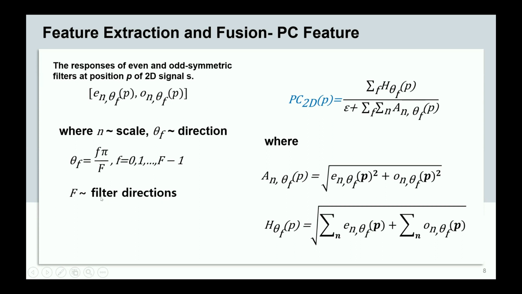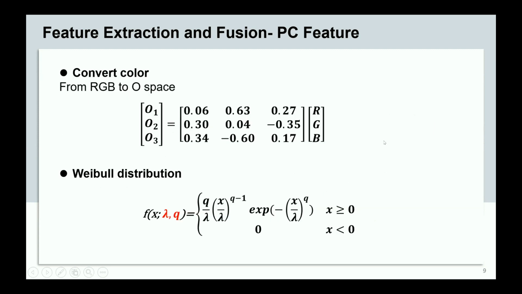It means the filter directions. And after that, we need the A and H, where A means local amplitude, and H means the local energy function. And epsilon is a small positive constant, and we use this equation to calculate PC.